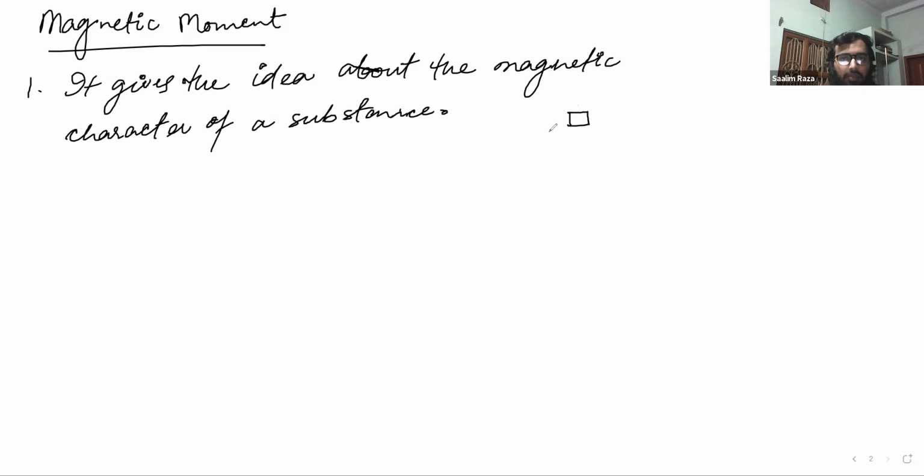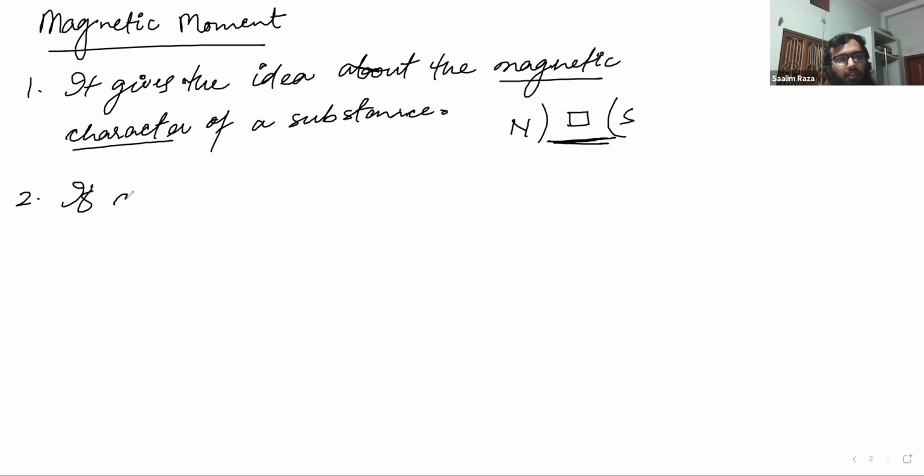If you take any substance and expose it to some kind of magnet, it will show some magnetic behavior. It will either be attracted to one of those poles and repelled by the other pole. So this is the magnetic character that we are talking about. You can say the magnetic character of a substance by seeing the unpaired electrons in it.